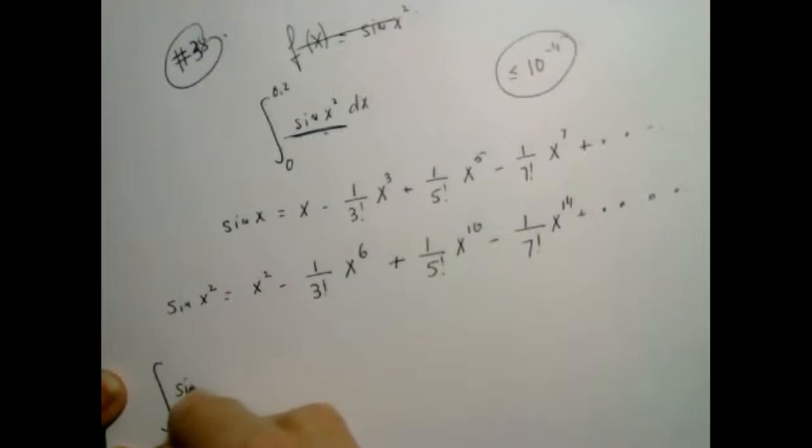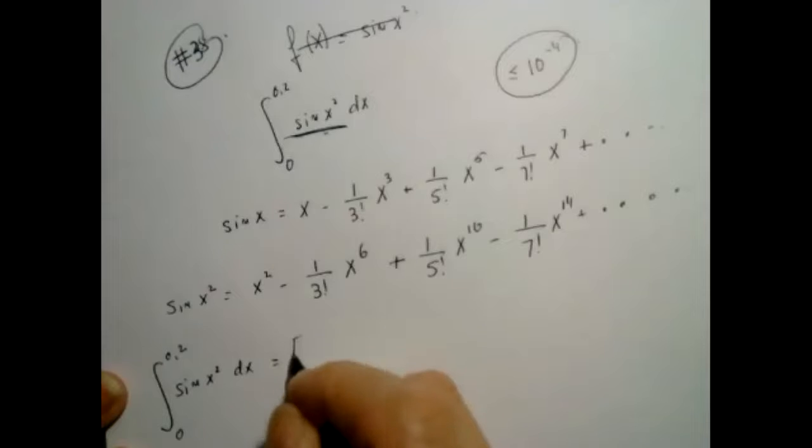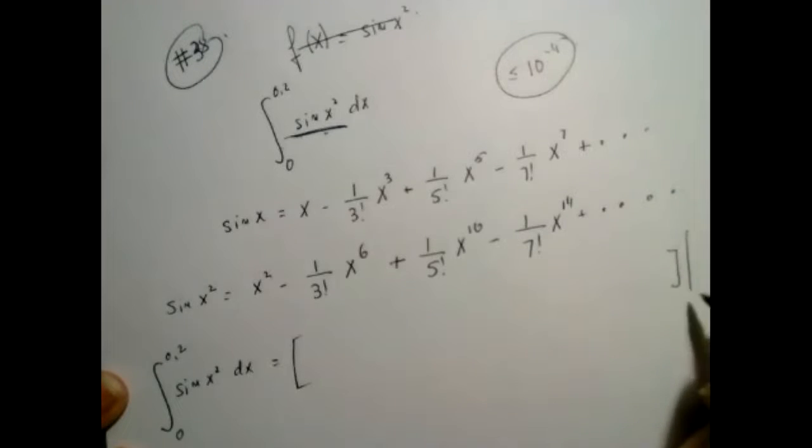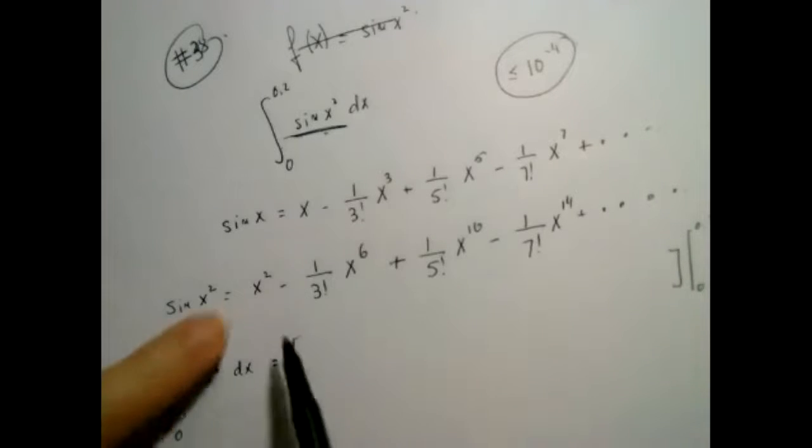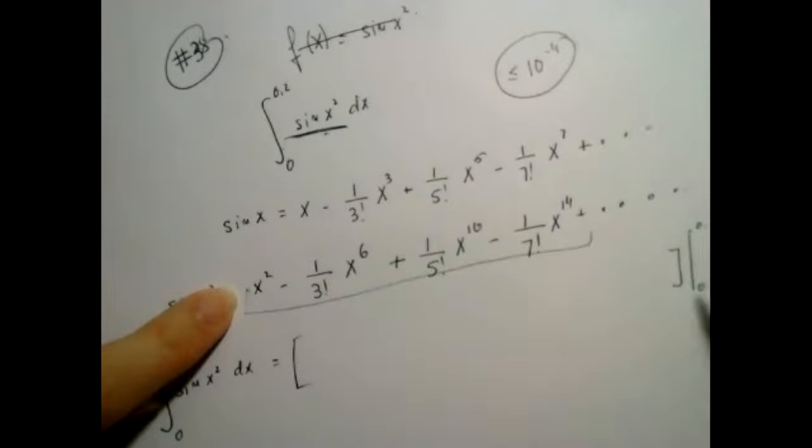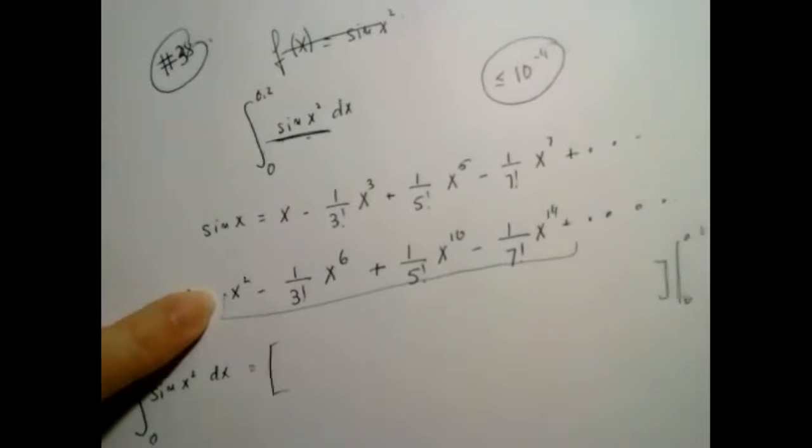So we need to integrate from 0 to 0.2. It means we have to take this expression and find the antiderivative of that and evaluate between 0 and 0.2. Okay, so let's find the antiderivative.